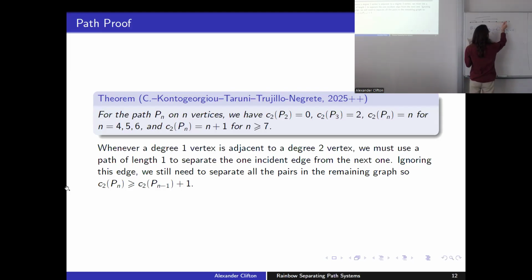Okay, so I have this, and potentially I extend it as well. Now, that may have helped me separate this from this. It did not help me separate any of these four edges from each other. So I'm still going to need a red weak separator on these four edges over here.